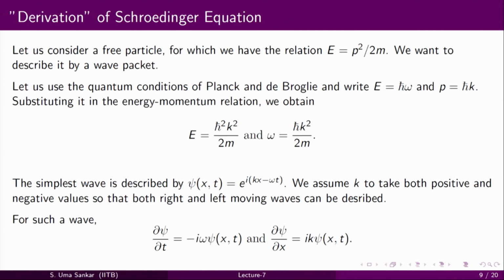I put the derivation of Schrödinger's equation, but derivation in quotes. So, Schrödinger's equation cannot be derived, just like you cannot derive Newton's second law. Newton's second law is the mathematical statement of a very large number of experimental observations.